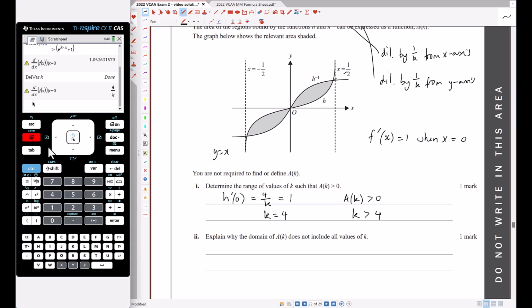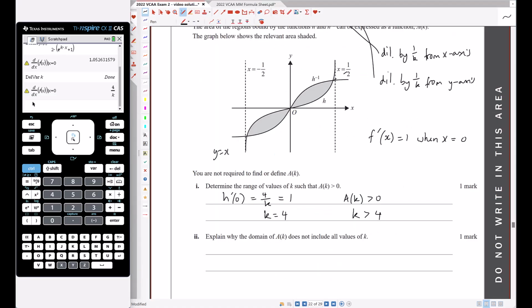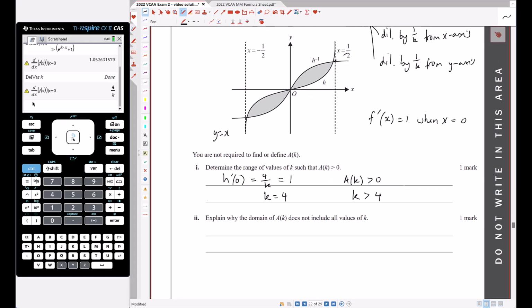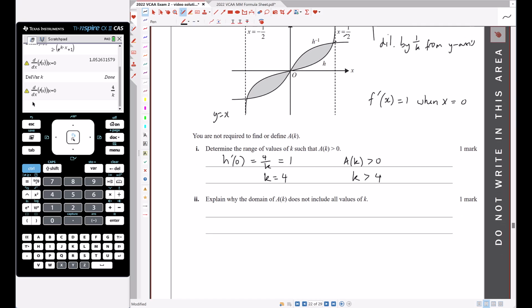So explain why the domain of A of k does not include all values of k. Okay, so this is really just about trying to offer some explanation for what we just did to determine that range of values of k. So obviously we've essentially just worked out in part 1 that the domain of A of k is k bigger than 4.